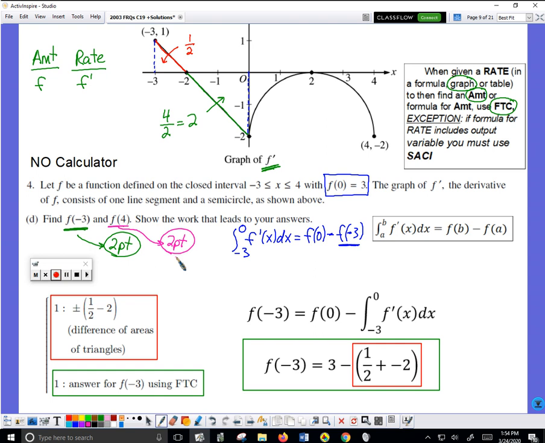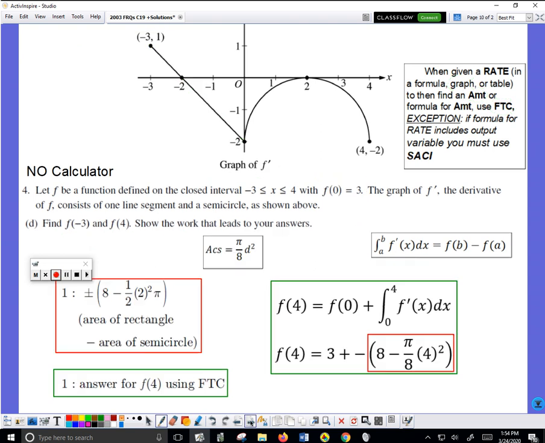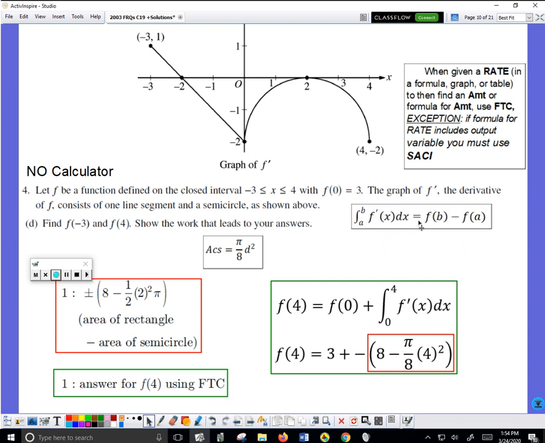So moving ahead here on the board, now we're going to find f of 4. We once again use the fundamental theorem because we have a graph of f prime, but we're trying to find a value of f. So we write down the integral.